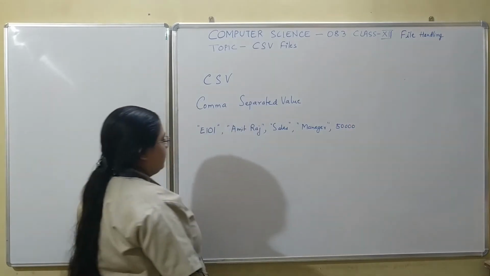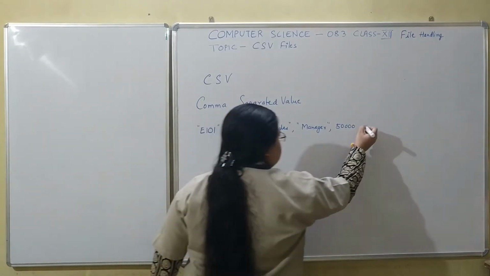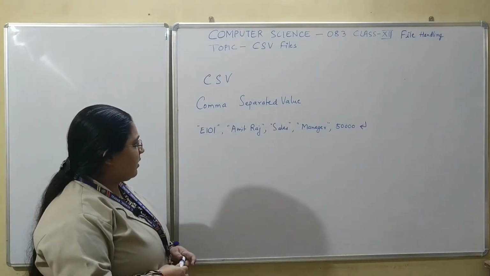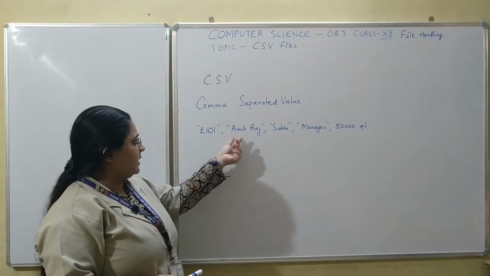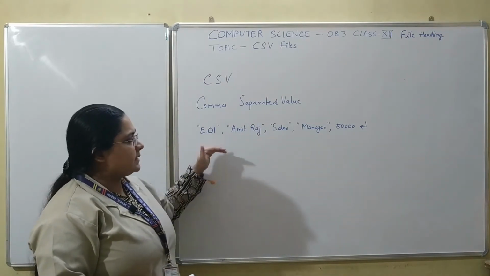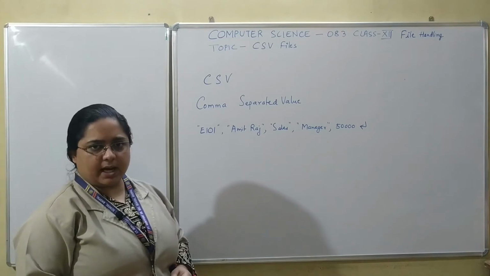So you can see over here that this is one record, and in this one record every data item is separated by a comma in between. Because of this, CSV files are very easy to handle.